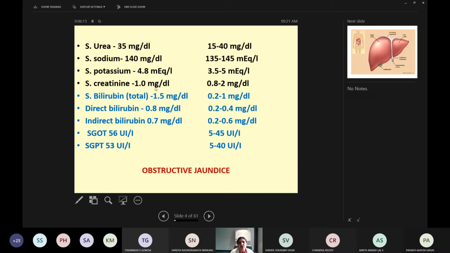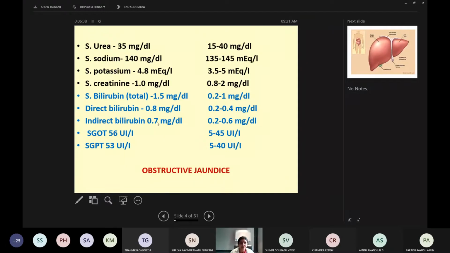All these values are in normal range. That's why I have made it a different color. Whereas his serum bilirubin total, direct bilirubin, indirect bilirubin, SGOT and SGPT levels are increased compared to the normal level. So the probable cause is again obstructive jaundice.